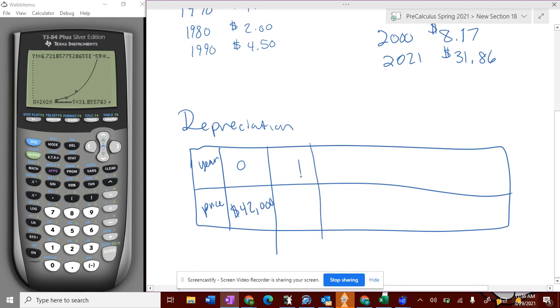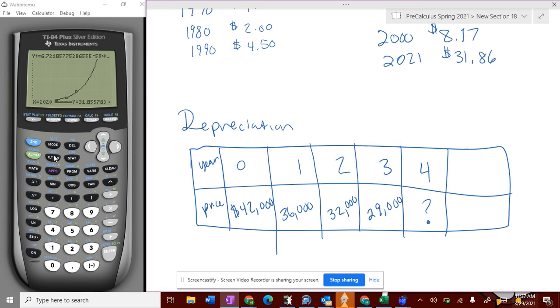When it's 1 year old, it's $36,000. When it's 2 years old, it's 32,000. When it's 3 years old, it's 29,000. What will the price be when it's 4 years old, if it's an exponential function?